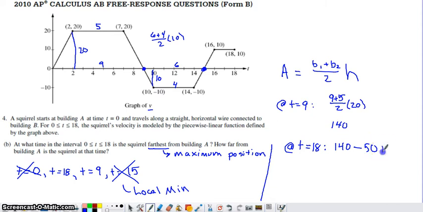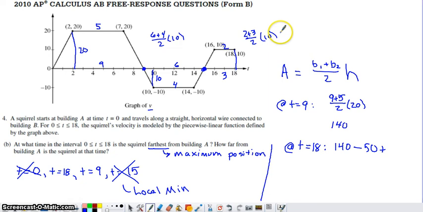And then the squirrel's moving back toward building B for this last little stretch. And so if we find the area of this trapezoid, the dimensions of this would be, let's see, across the top we have 2 units, and across the bottom we have 3, and then the height would be 10. So the area of that trapezoid would be 2 plus 3 over 2 times 10.